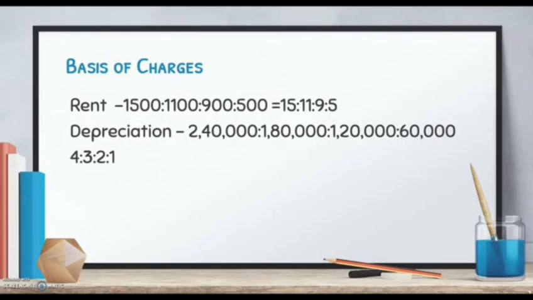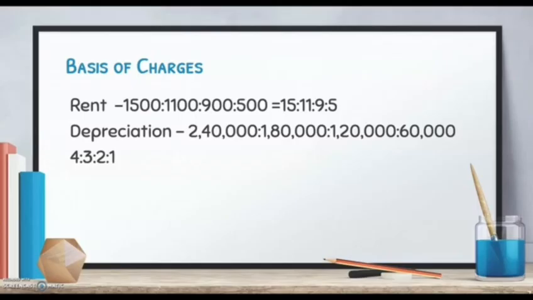In the question it was given that the area in square feet is 1,500, 1,100, 900 and 500. By mathematical calculation we can bring it to a ratio, that is 15:11:9:5.